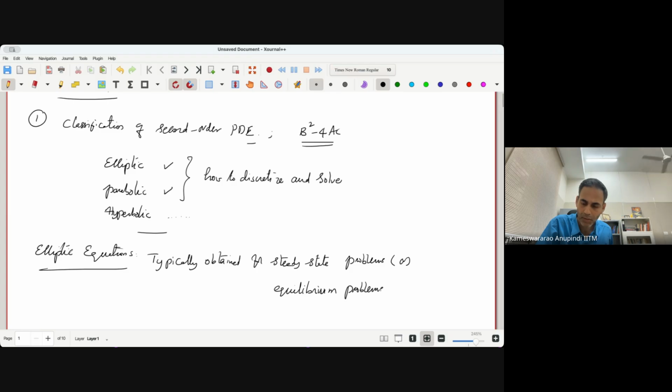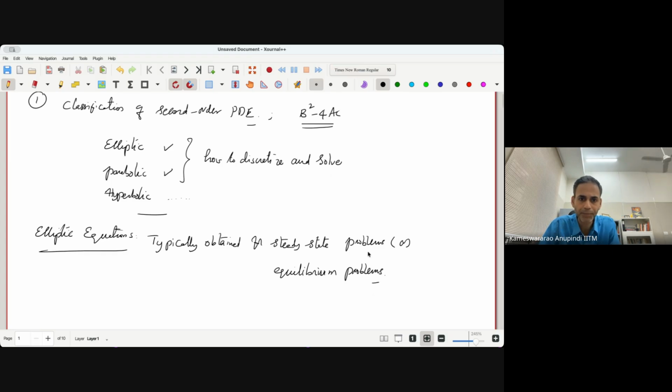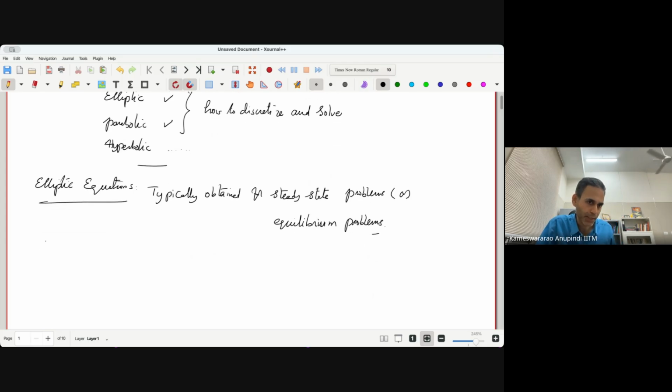For example, if you have the steady state heat conduction equation, this is an example of an elliptic equation.